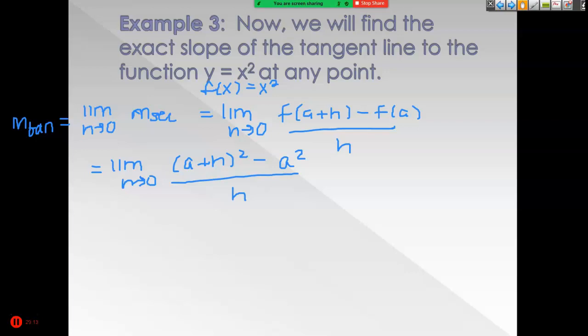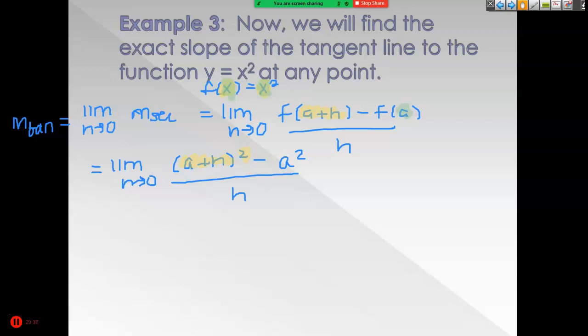So that would be a plus h plugged into f of x. So again, here's my f of x. So your formula says, okay, you're replacing x with a plus h. So that becomes a plus h squared. You replace x this time with a, so you get a squared.